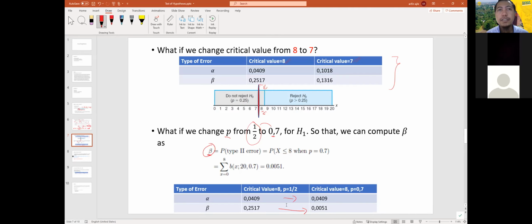Okay, you can see here when we change the probability for the alternative hypothesis, the type of error also changes.